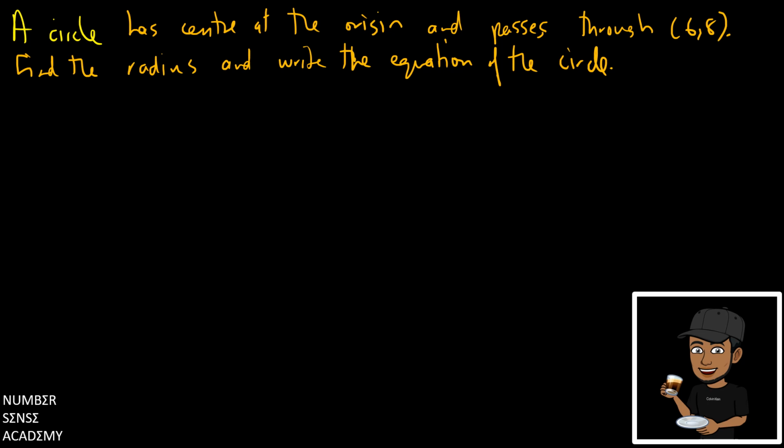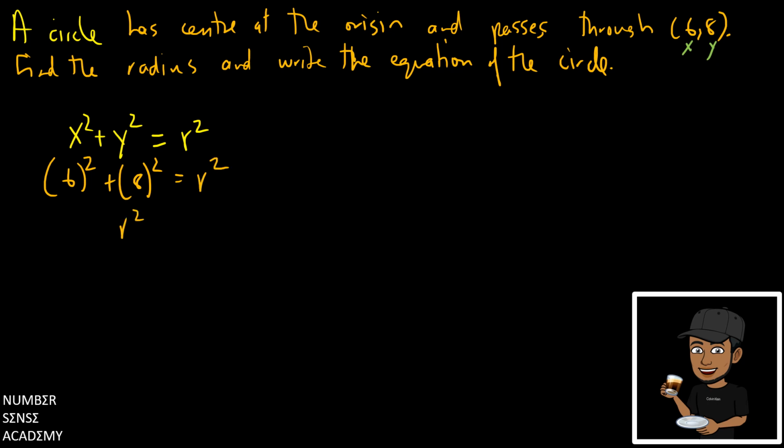So let's find the radius first. And while we do that, we're going to see that we actually can accomplish both. So we start with x squared plus y squared equals r squared. So I'm going to take this value for x and this value for y. So I end up with 6 squared plus 8 squared equals r squared.